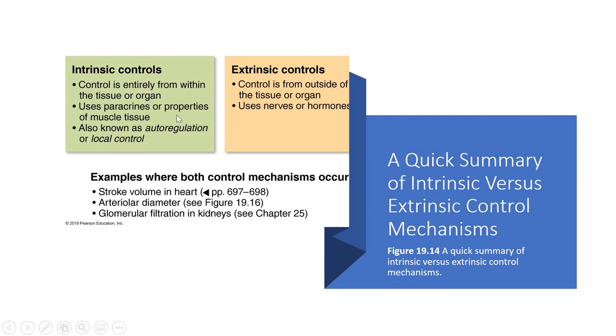And this is also known as the self-regulatory mechanism of the tissue, or the autoregulatory mechanism of the tissues. The extrinsic control, on the other hand, is from outside the tissue or the organ, and this makes use of nerves and hormones.